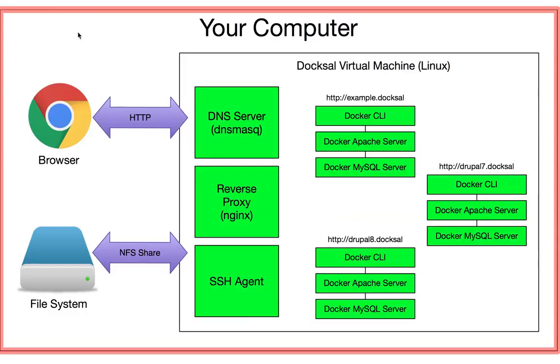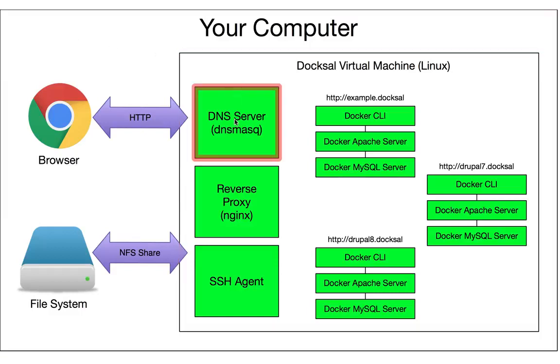Under the hood, running inside your virtual machine, are a whole bunch of Linux containers. At an absolute minimum, every Docksal system will have these three: the DNS server, the reverse proxy, which you'll often hear called the vhost proxy, I'm going to call it a reverse proxy throughout this video, and then the SSH agent.